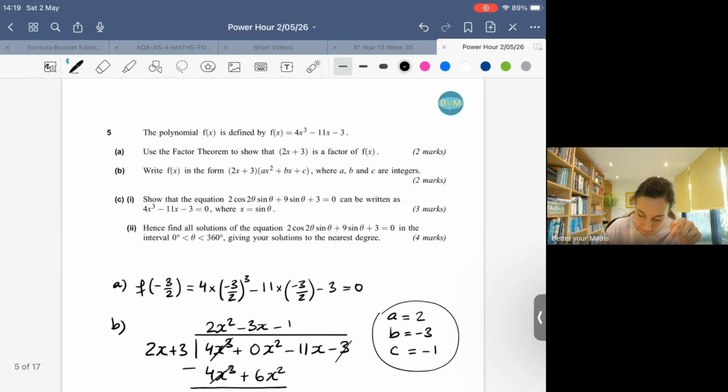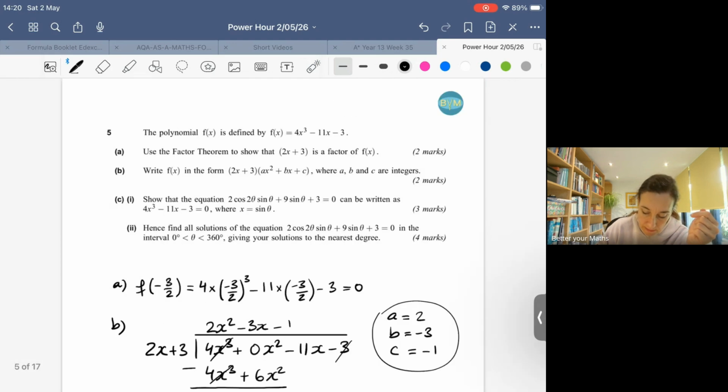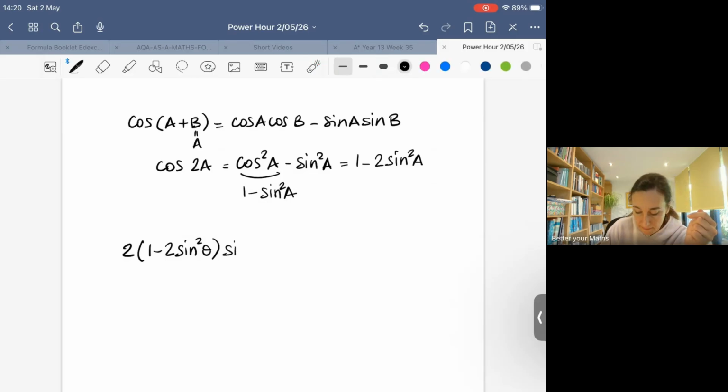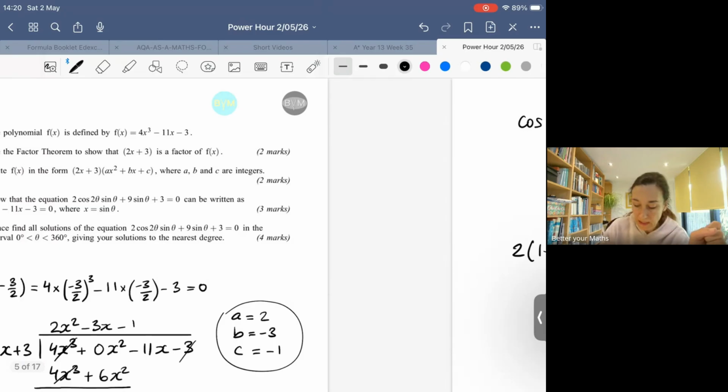So what do I have? 2 times that, but with theta. I'm going to write with theta. So 2 times 1 minus 2 sine squared theta multiplied by sine theta plus 9 sine theta. And then what else? Plus 3 equal to 0.